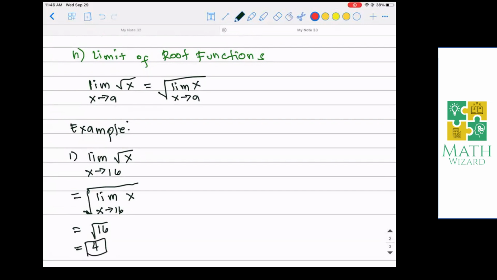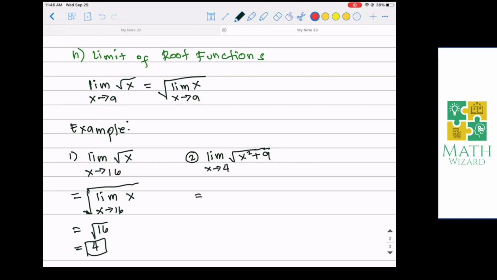Okay, what if ganito? We need to find the limit of the square root of x squared plus 9 as x approaches 4.